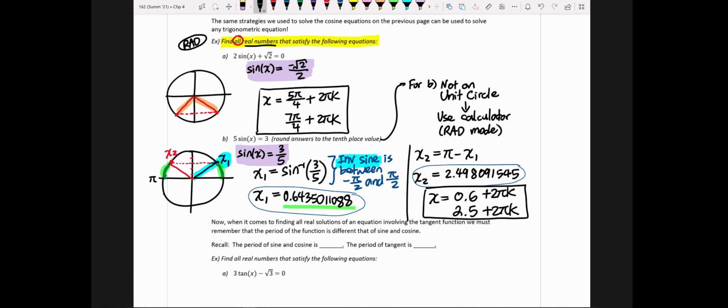If we can use our unit circle knowledge to do that, then that's the route we go. If it's not on the unit circle, then we're going to use our calculator, check the calculator mode. Calculator will give us one solution. Look on your circle to find the other solution. And then our step 3 is to add period times k to each solution.